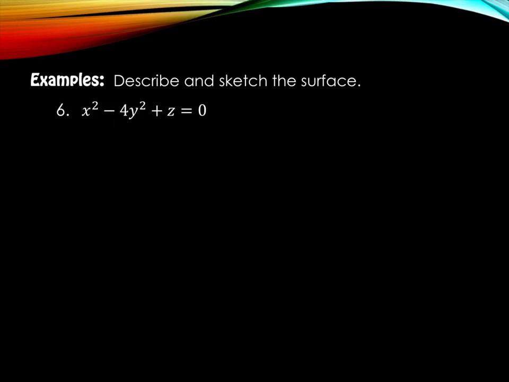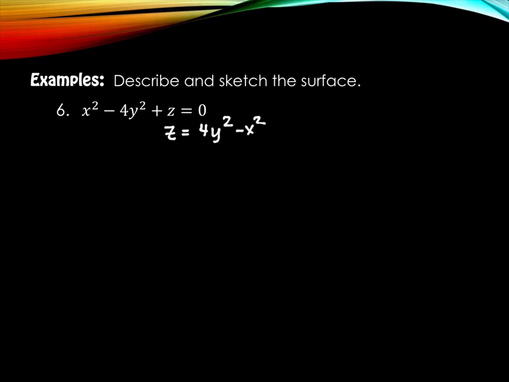So I'm going to subtract x and move the y's over to the other side. Okay, so we've moved the other pieces to the other side. The z is left alone. And so this actually tells us that we are opening along the z-axis. It's the odd man out, right?